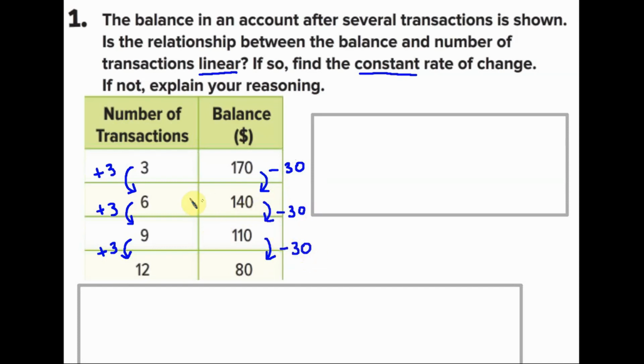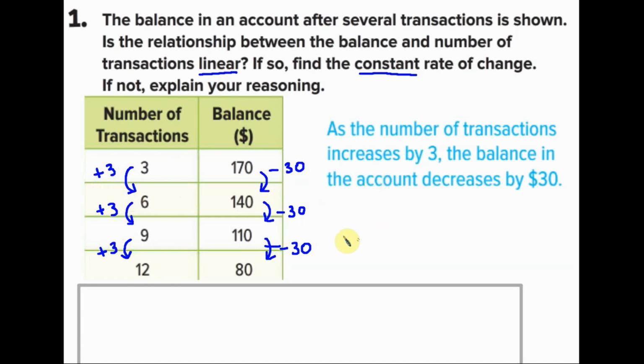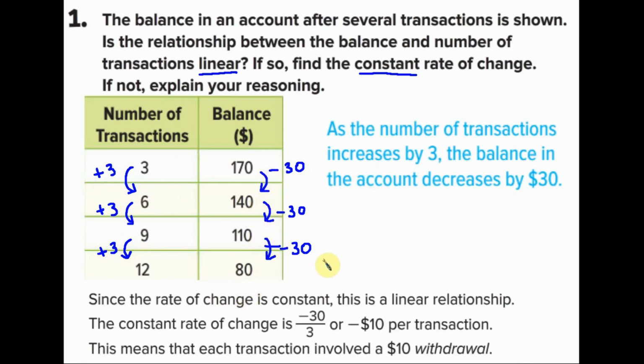So now I see that the rate of change on the left side is constant, and so is the right side. In other words, as the number of transactions increased by 3, the balance in the account decreased by $30. Since the rate of change is constant, this is a linear relationship.